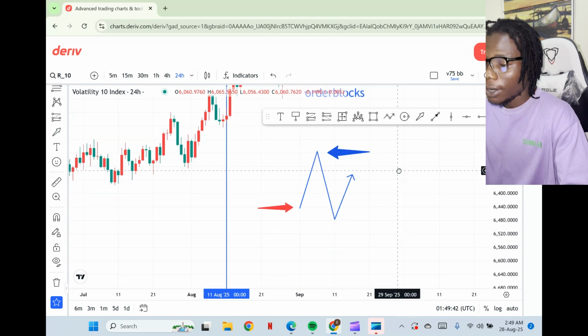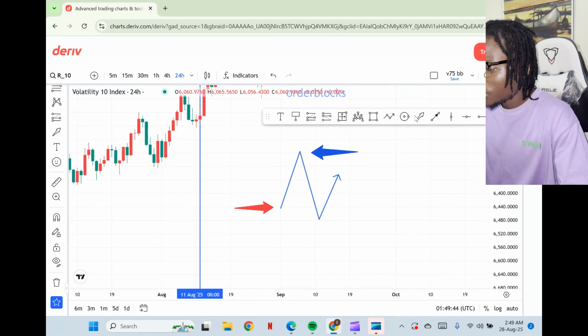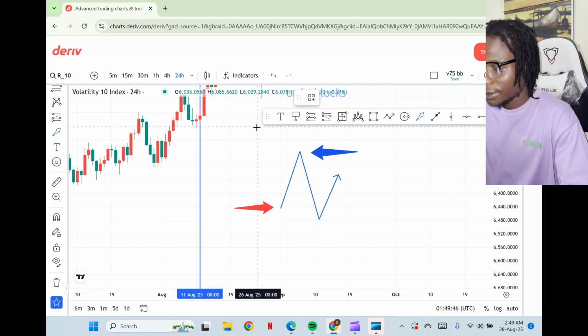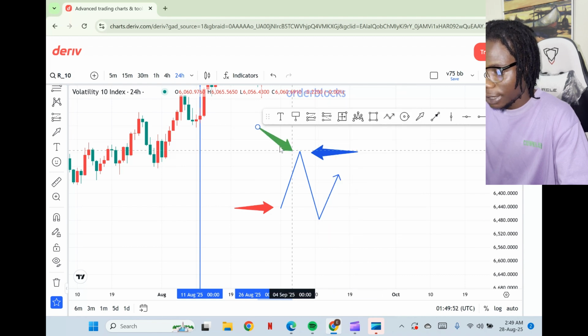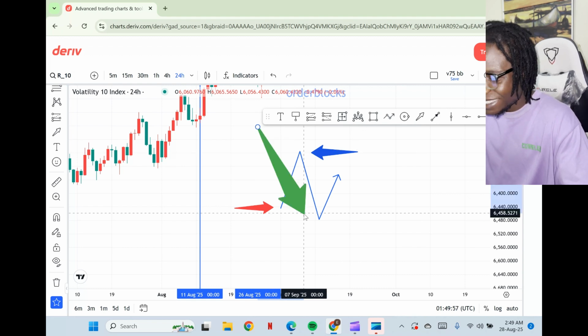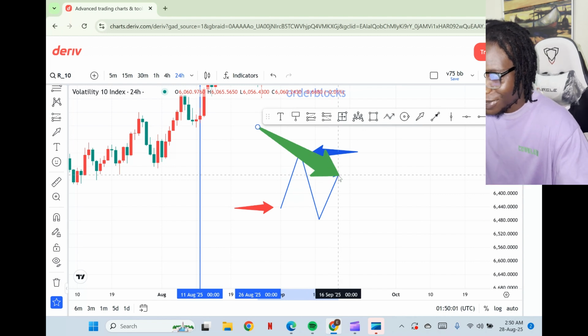On each swing here, there's another block. At this swing there's another block, and at this same swing there's another block also. That's why I said this is very simple and very easy.